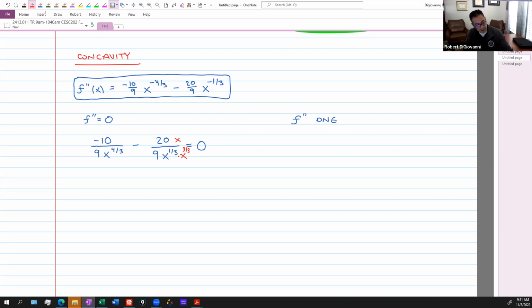And that turns out to be really nice because now what I get is the -10 from the first fraction minus 20x from the second fraction over the common denominator of 9x to the 4/3. That needs to be equal to 0. But for that to be 0, I just have to set the top equal to 0.